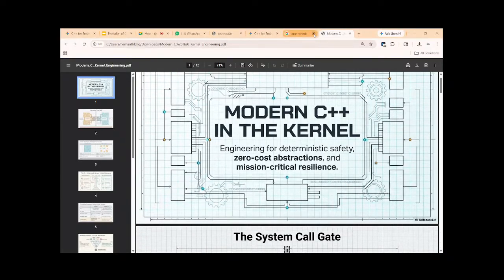Is this PDF visible or not? Just let me know.